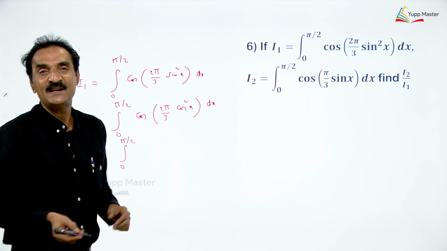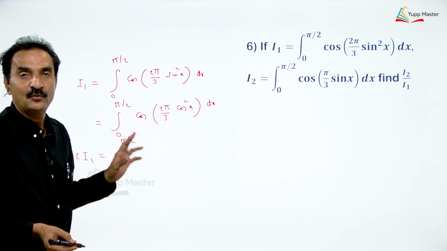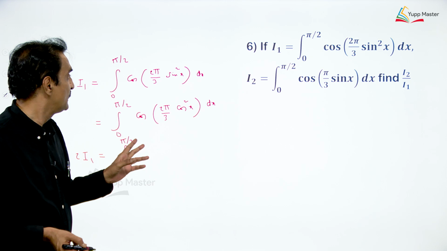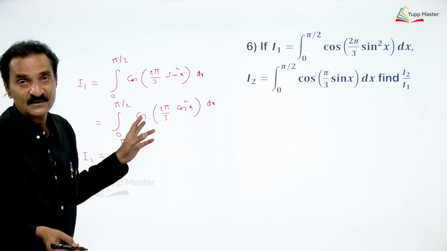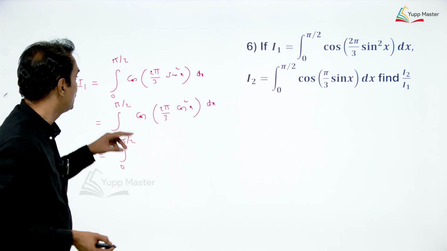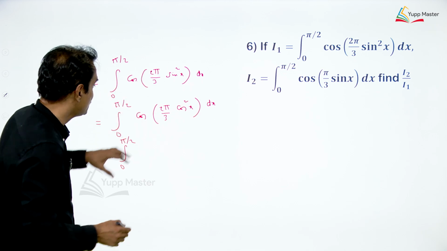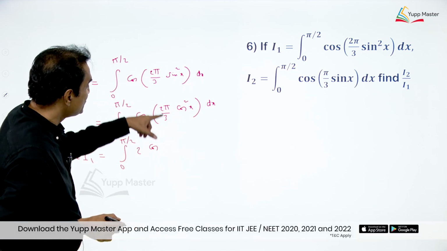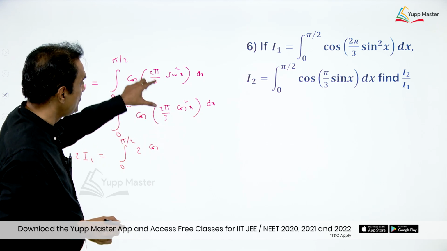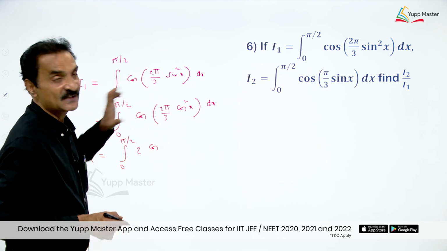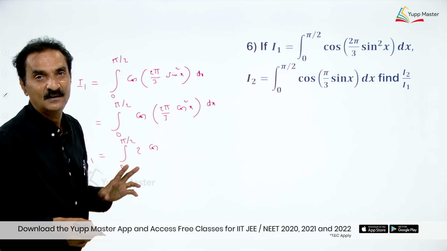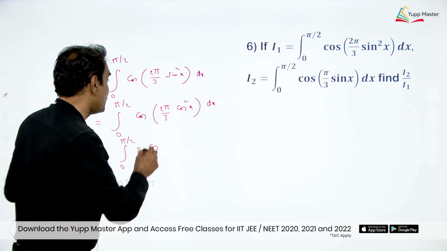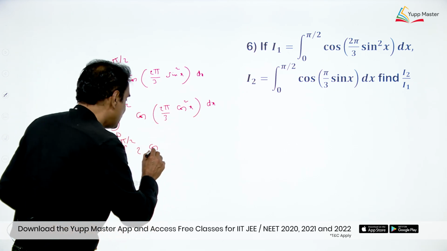What is cos C minus cos D? 2 cos C plus D by 2 cos C minus D by 2, right. So, cos C plus cos D is 2 cos C plus D by 2. What is C plus D? 2 pi by 3 into sin square x plus cos square x, 1. So, 2 pi by 3 into 1, 2 pi by 3 by 2 will be pi by 3.